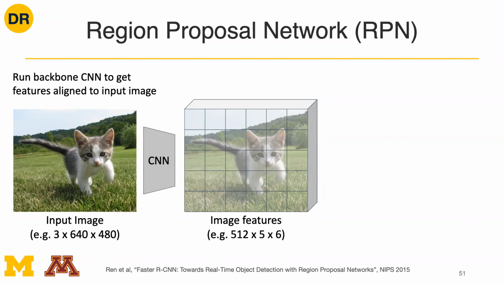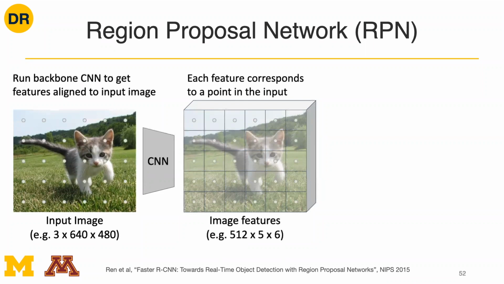Now the region proposal network has to figure out what the regions are in this particular image. So the way to do that is to figure out these points correspondingly in the input image. You have this 5 cross 6 grid structure of your feature map. Assuming each cell to be a point, it has a corresponding point in your image space.